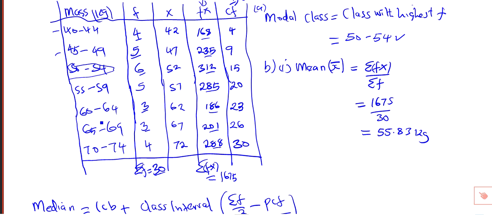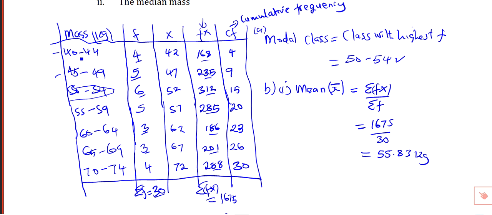When you look at the first class here, the values range from 0 to 4, if you consider the cumulative frequency. The cumulative frequency for the second class here is 9, which means the values ranging from 5 to 9 fall under the second class. For the third class, the cumulative frequency is 15, and these are values ranging from 10 to 15.